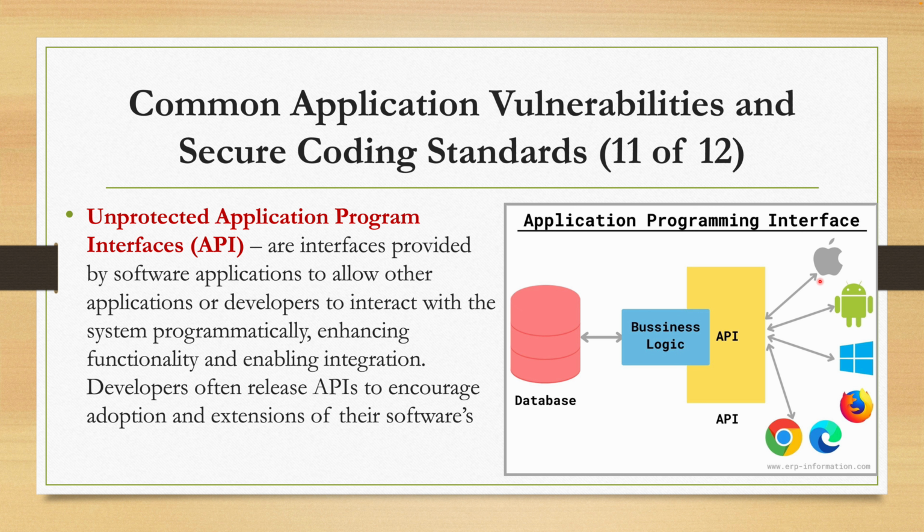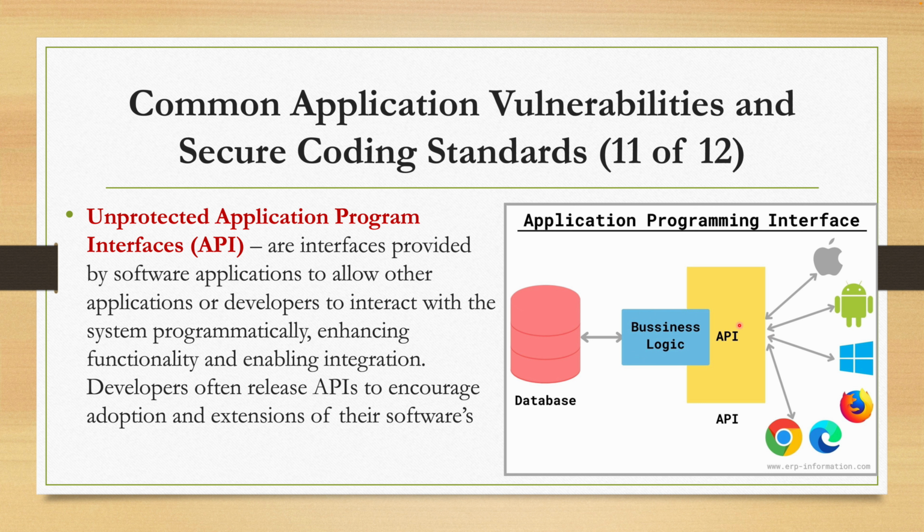Basically, this application here will interact with the database through an API linked to the business logic here. Now, if the API is not properly secured, it can pose a significant security risk. For example, APIs that lack encryption, like HTTPS, can expose sensitive data in transit, making it vulnerable to interception by attackers.